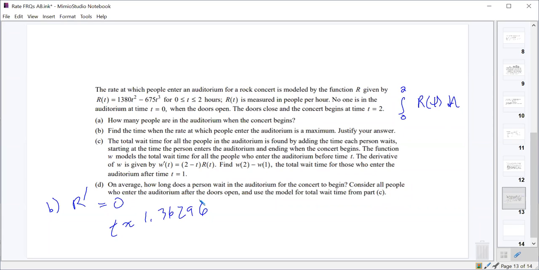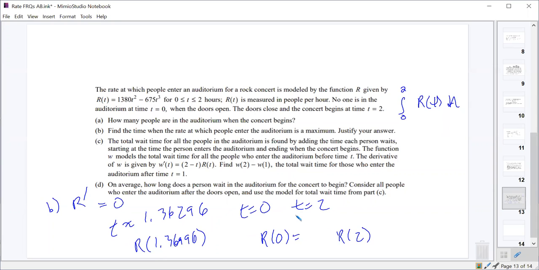And r prime equals 0 between 0 and 2 at t is about 1.36296. And then since we're talking about a closed interval and we want the actual max, we'll also have to check at t equals 0 and t equals 2. We just need to see which of those three, 1.36296, r of 0, and r of 2, is the actual largest.